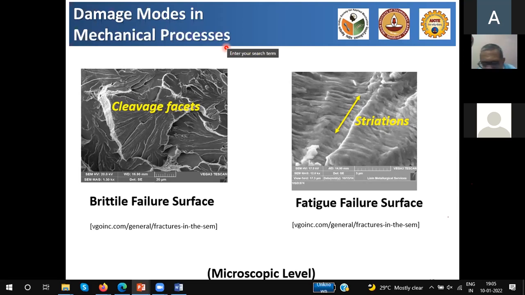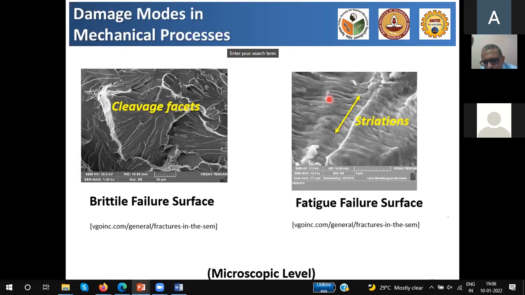So that is what you see in the left graph, and what you see on the right graph is basically a signature that you see for a fatigue failure. There is something called beach marks that are seen, because there is always a cyclic loading, therefore it will keep on going up to a certain point, come back, reverse plasticity, and again it will start building up and so on.